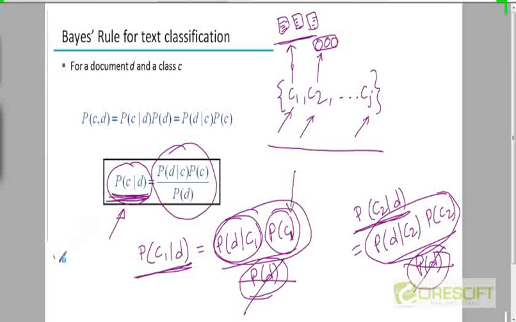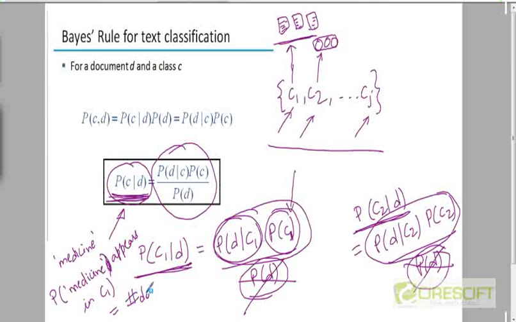Right. So, for example, let's look at a term like medicine. What is the probability that the word medicine appears in a document belonging to class C1?